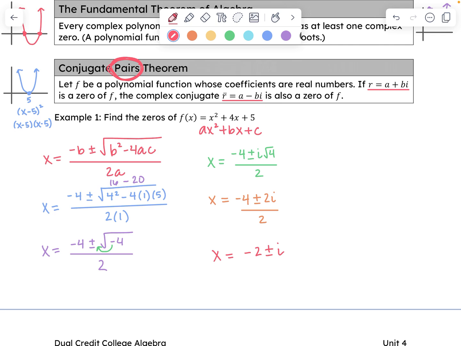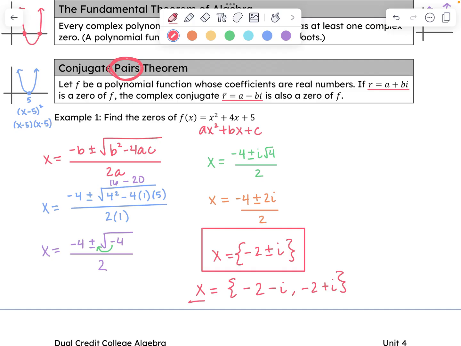Okay, you can leave it like this with the plus or minus combined. Or if the plus or minus option isn't there in my math lab, you could write it as -2 minus i and -2 plus i. So you can leave it together or you could separate it.